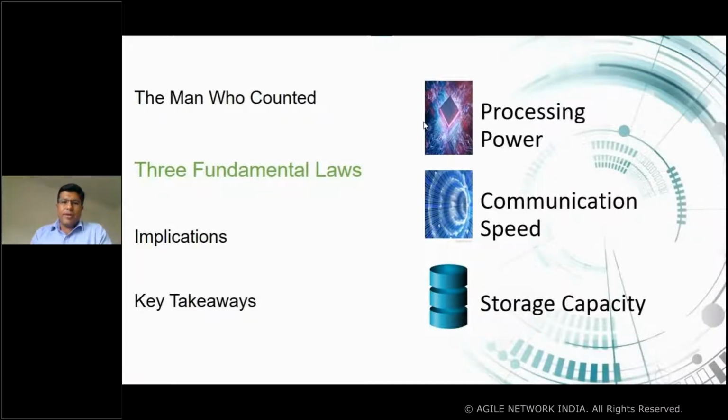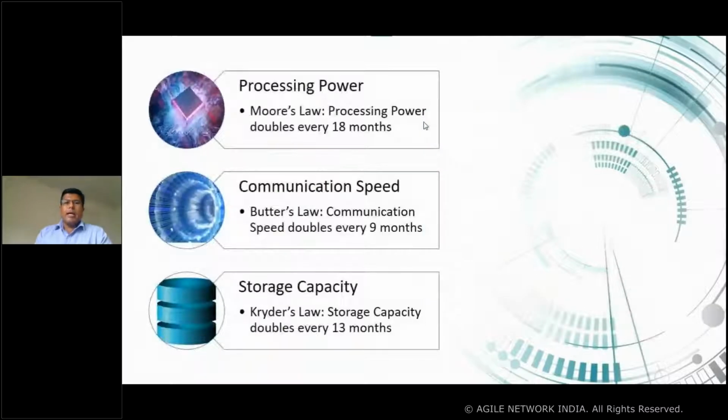What is happening, friends, is that our processing power is doubling every 18 months. Probably it is a little more now with very advanced things already happening. It's not a law as such, but it is professed by Moore's law. You can Google it. Communication speed is doubling every 9 months, and storage capacity is doubling every 13 months.